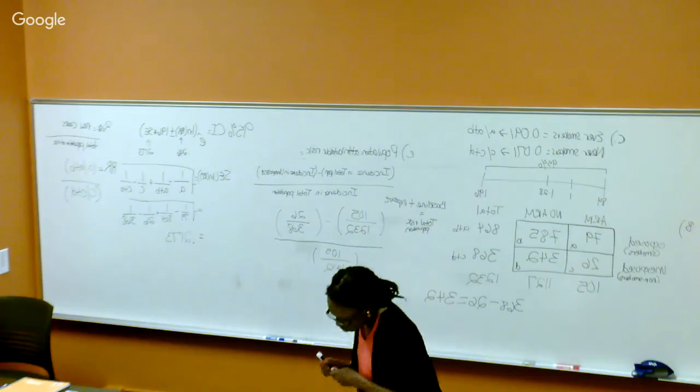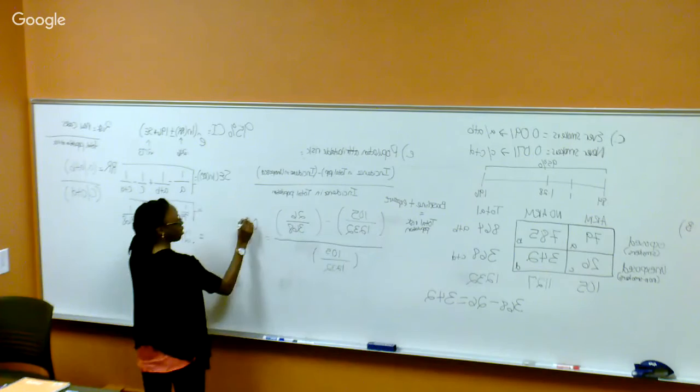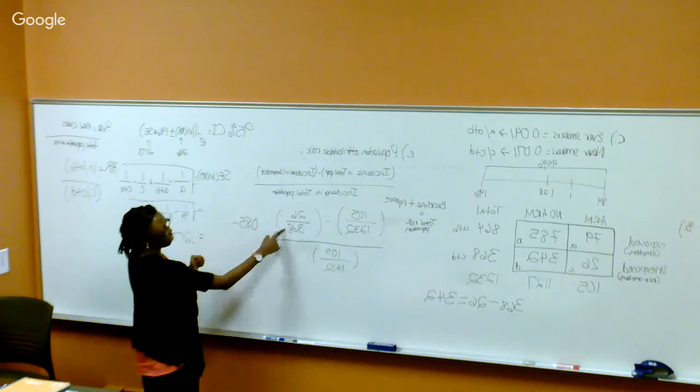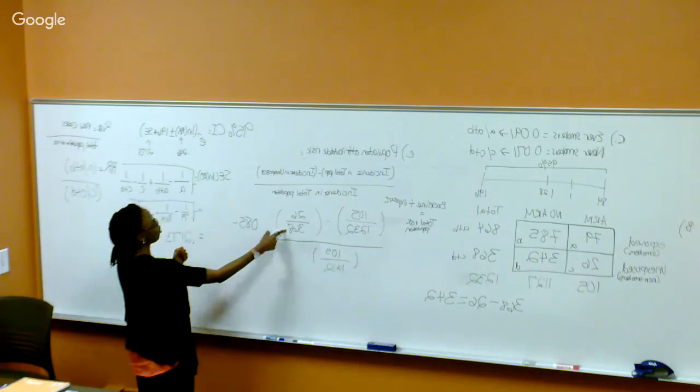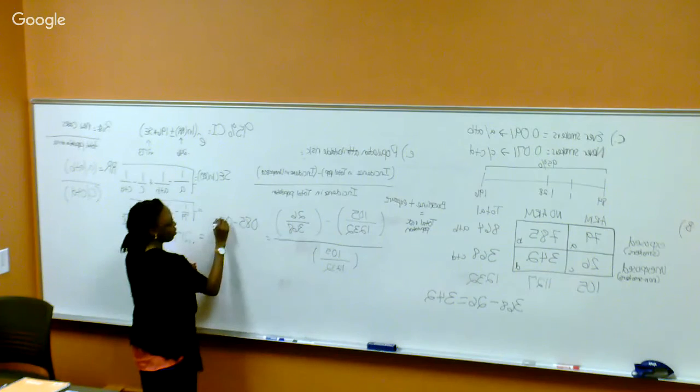So you have 0.085 minus, we already did this earlier, 0.071, right?